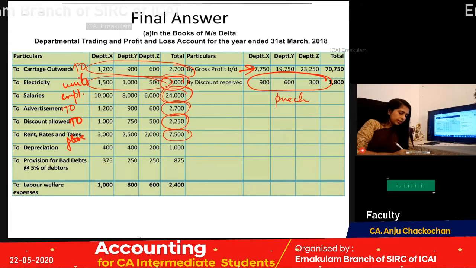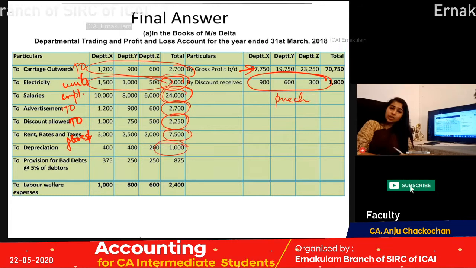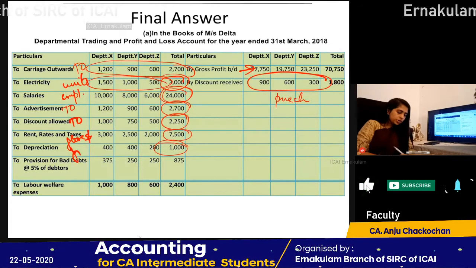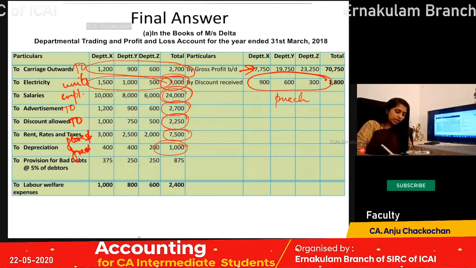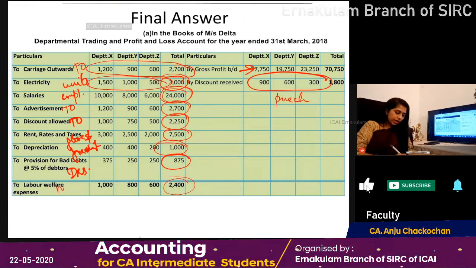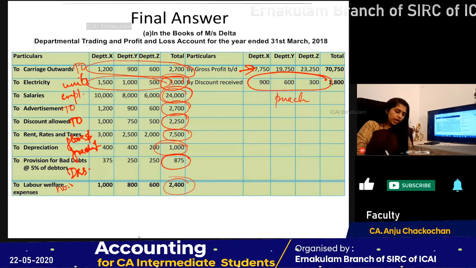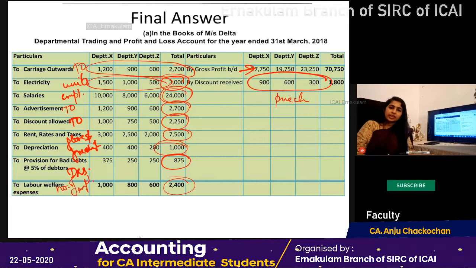Then depreciation on the basis of value of furniture. Provision for debtors on the basis of balance of debtors. And labor welfare again on the basis of number of employees. We have already done this. And then we get the final net profit.